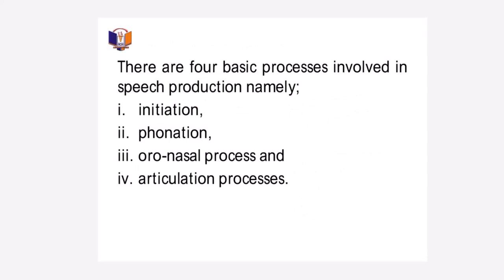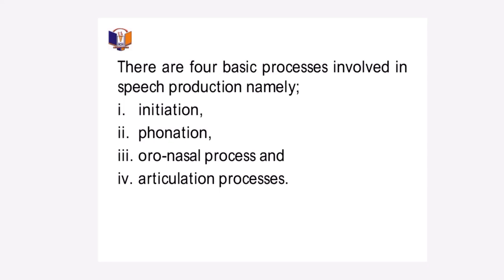In the process of producing those sounds, we have the initiation, where the sound starts from the lungs, passing through the pharynx, and getting to the epiglottis. It gives the phonation, that is the voice, whether it is going to be voiced or voiceless. Then coming to the oral nasal, it has to pass through either the nose or the mouth.